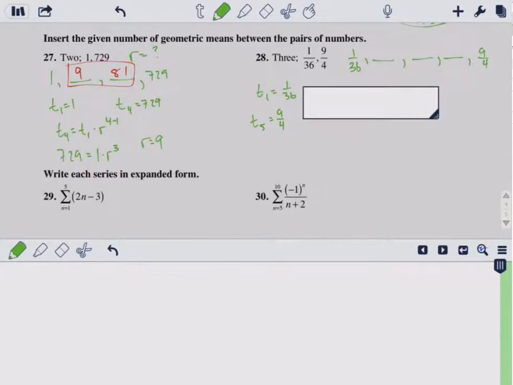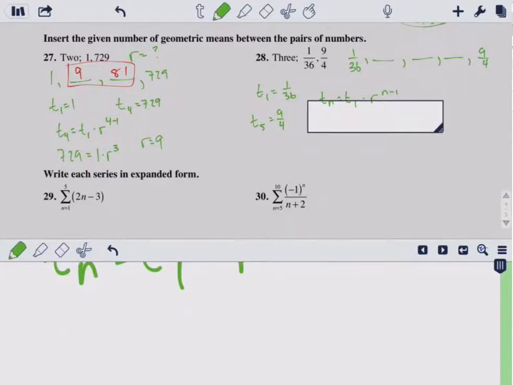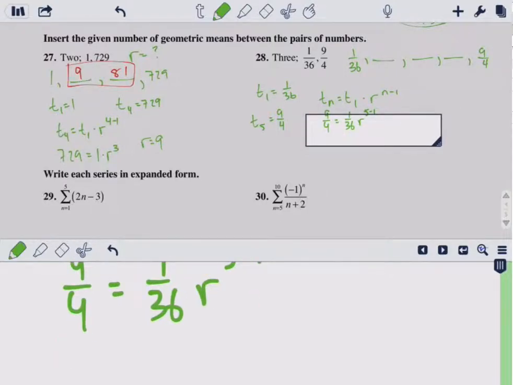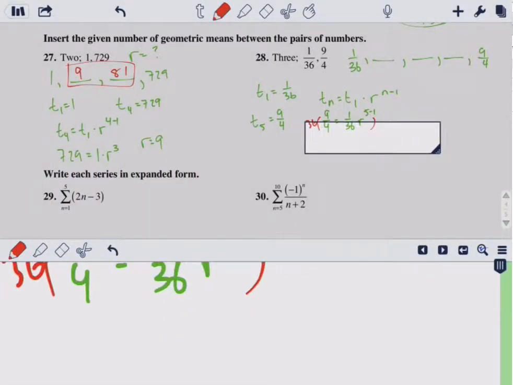We also know the formula, which is t sub n is equal to t sub 1 times r to the n minus 1. So we get 9/4 is equal to 1 over 36 times r raised to the 5 minus 1, or 4. I'm going to multiply both sides by 36. 4 goes into 36, that's 81 is equal to r to the 4th.